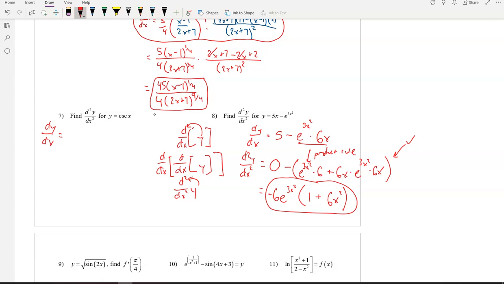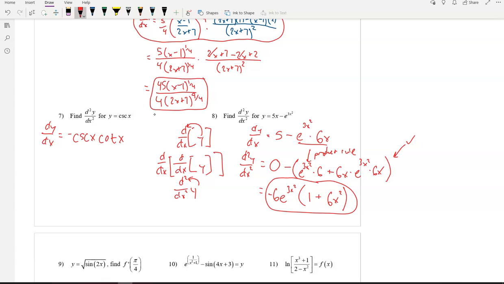All right. So cosecant of x. What is the derivative of the cosecant of x? Yeah, negative cosecant times cotangent of x. Negative cosecant of x times cotangent of x, yeah.